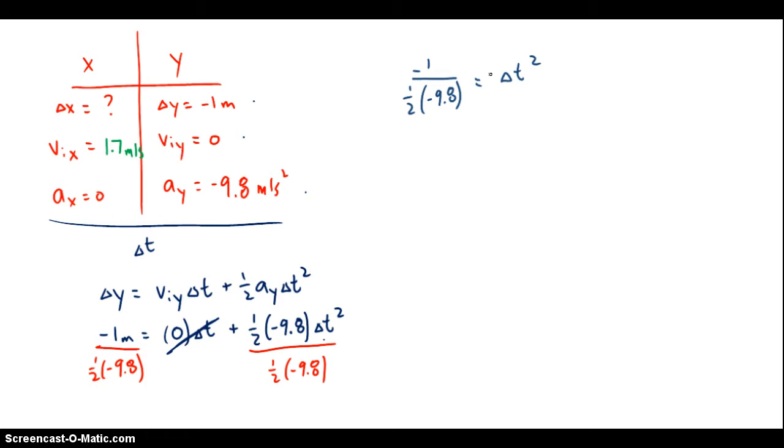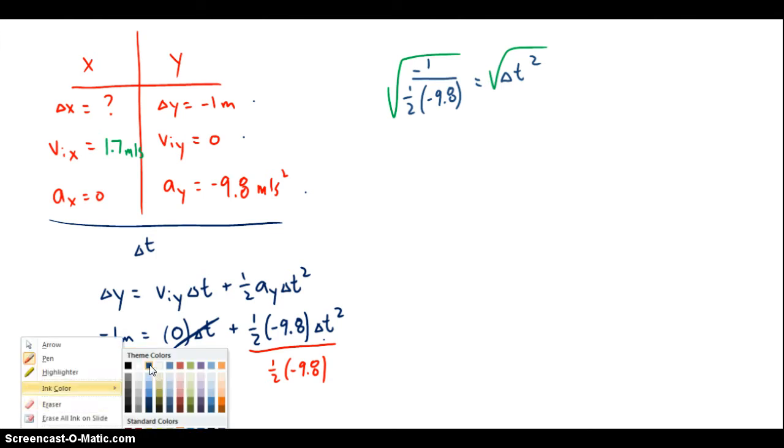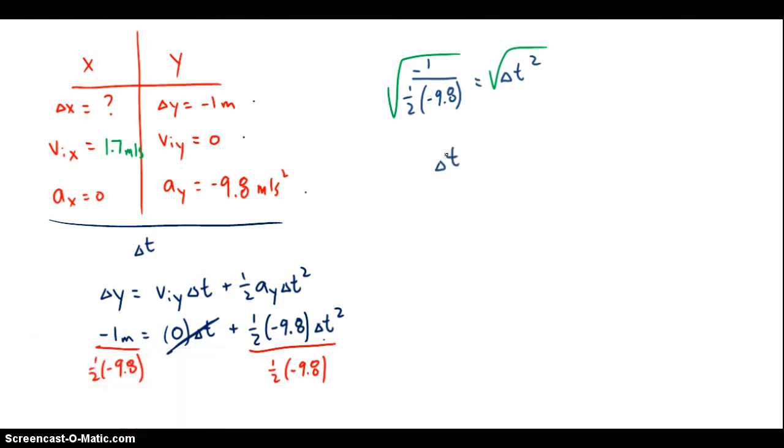To get time all by itself, I want to take the square root of both sides. We plug it in our calculator and we find 0.45 seconds.